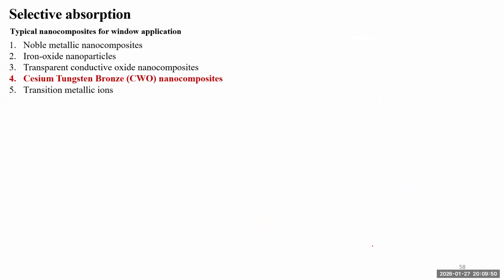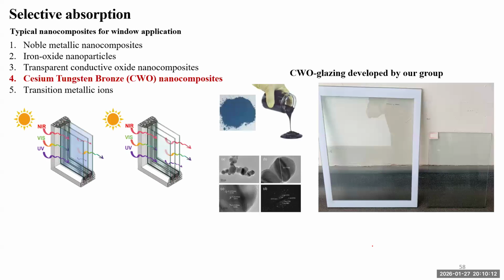One of my research works, if you have watched the video, is mentioned: I'm the first person to introduce cesium tungsten bronze nanocomposites into this absorption function coating. These nanocomposites perfectly absorb and block UV and near infrared light and only let visible light into the space.